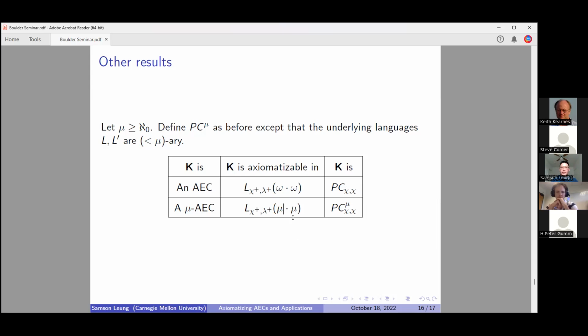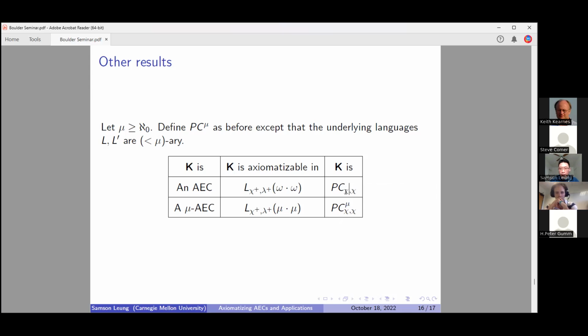The reason I need this adjustment is that if I just have a directed system, it's not guaranteed that the bigger structure is inside K. I want to have at least a mu-directed system, and in order to do that, I need a lot of steps, or a bigger logic to capture this.